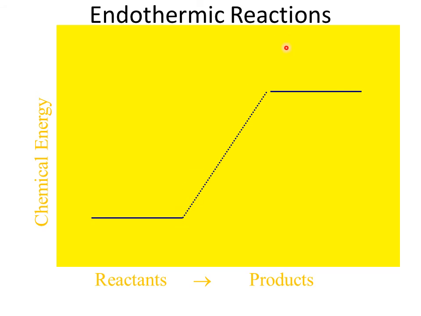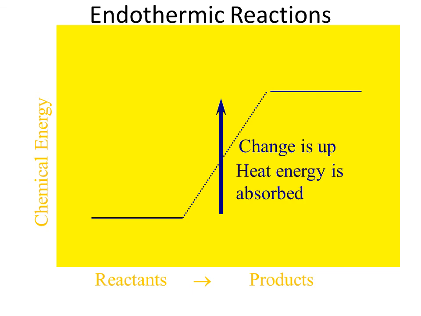So now we've got a change in energy going up, meaning it had to absorb energy from the environment in order to break those bonds to form the new compounds. So this change in energy is a positive change, which means that our heat energy is absorbed by the chemical reaction. And because it's absorbed, it feels cold, because it's basically sucking the heat out of your hands when you feel it through the test tube or whatever.